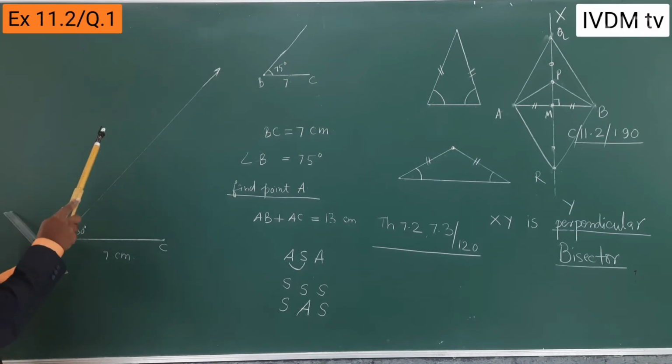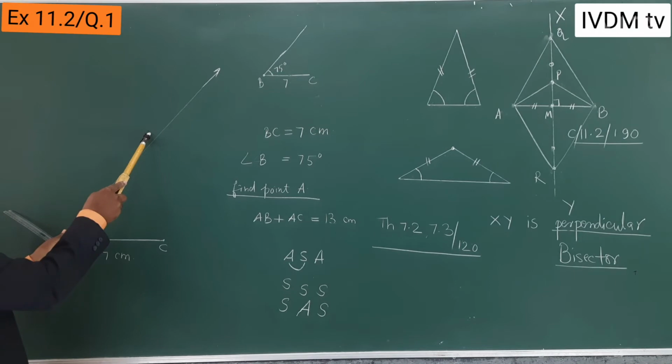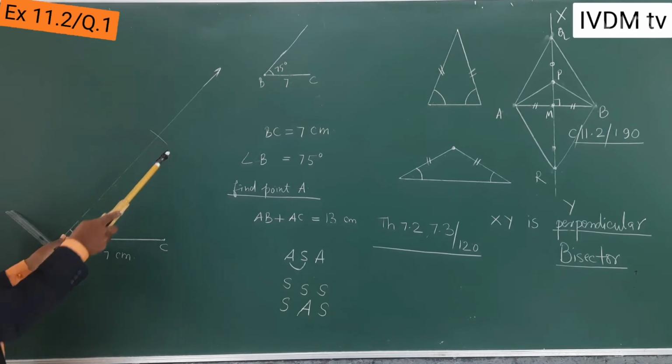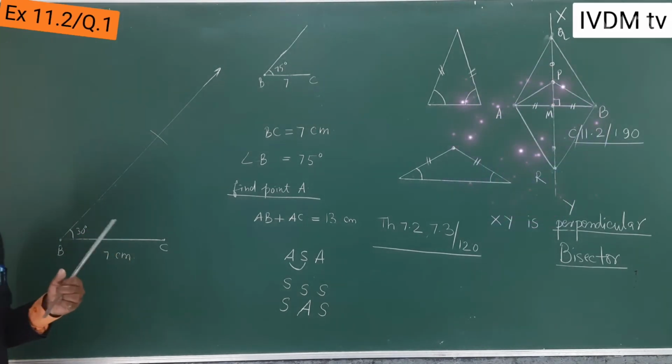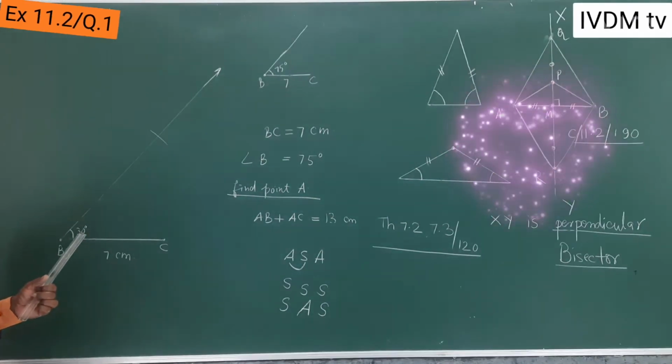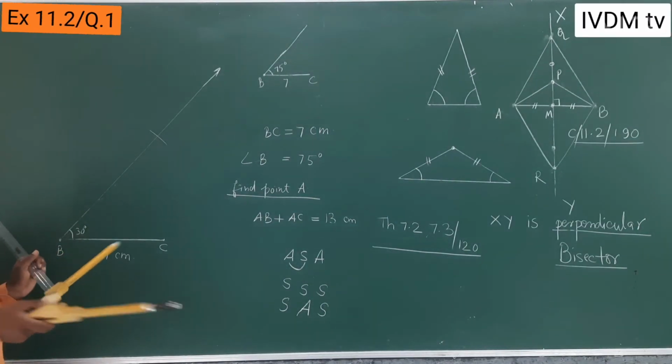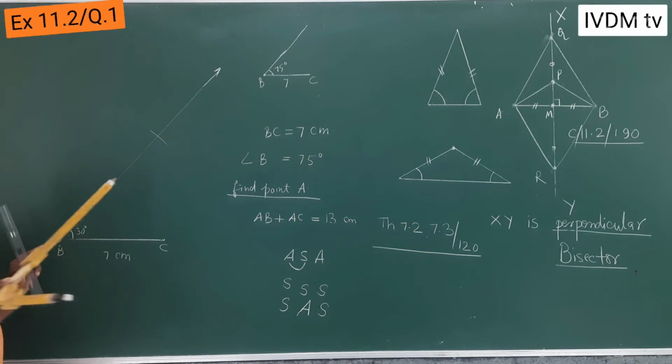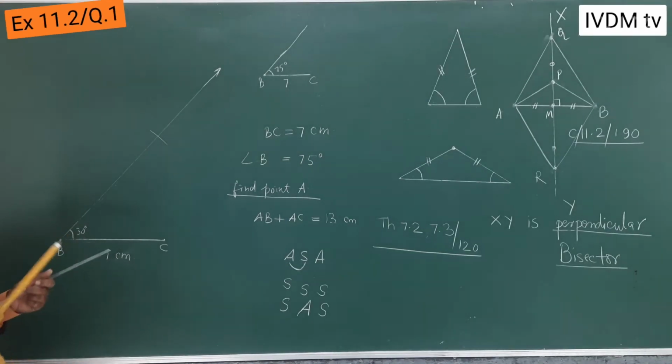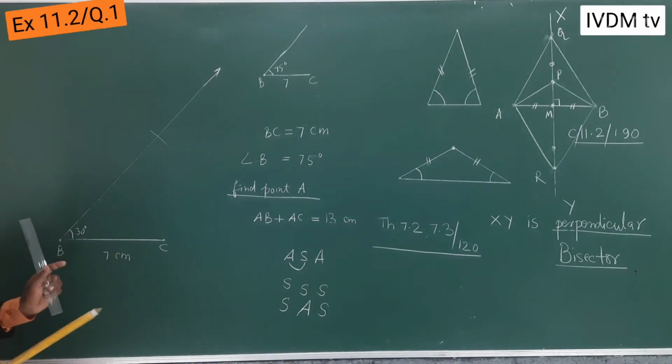This is 13 centimeter. Because my centimeter is larger, don't compare with the actual figure, because 7 centimeter would be very difficult for you to see. So that's why I have taken large distances.